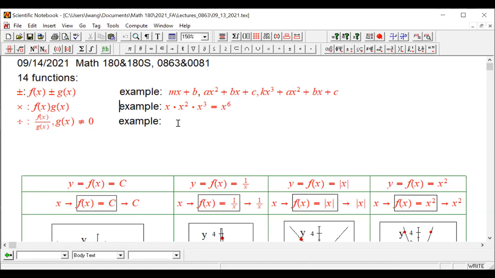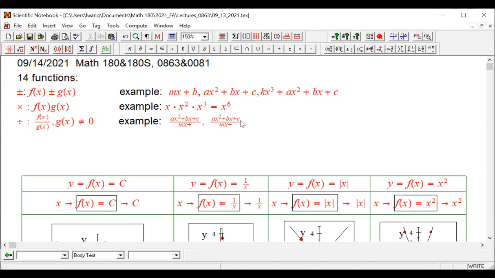Now, an example of dividing, right? For example, I can take this guy divided by this guy, and you create new functions. Another example, I'm just going to give you a concrete example.